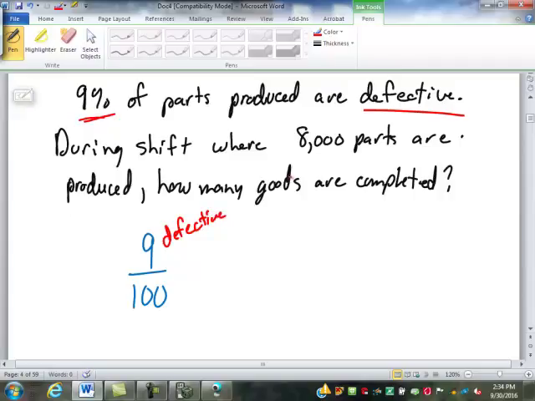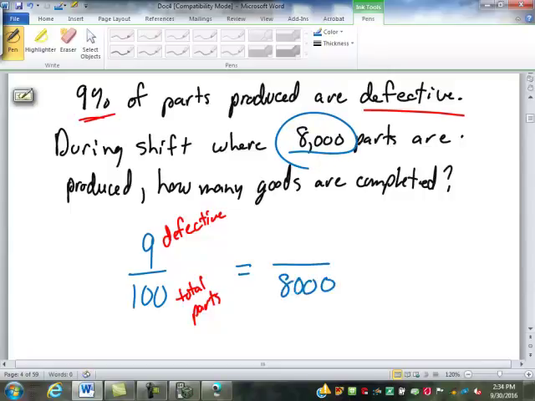So the 100 must represent the total parts produced. So on the other side, do we have either of those numbers? Do we have the number of defectives or the number of total parts? Yeah, we have 8,000 parts. That is the total, right? 8,000 parts produced.